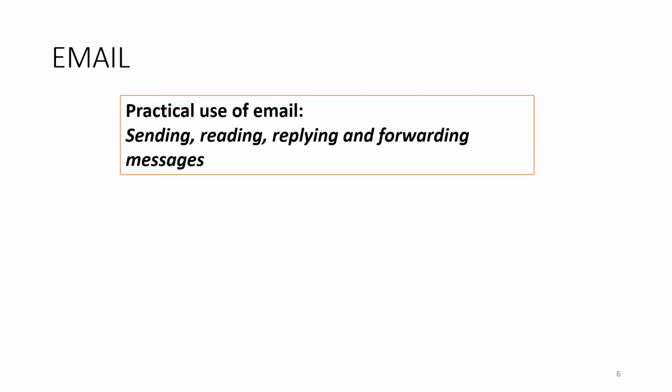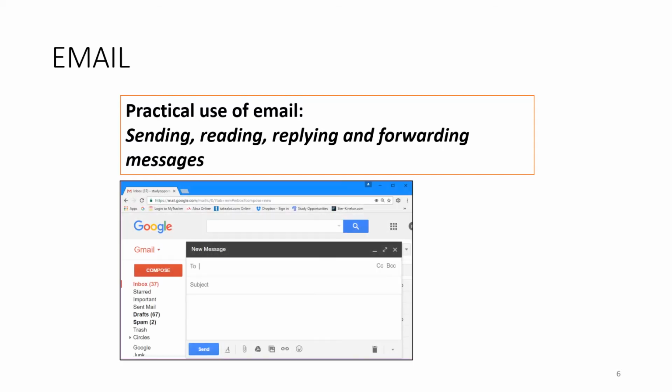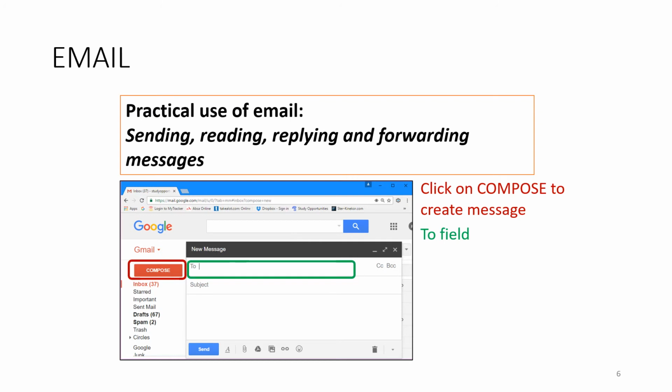So using email practically, you would compose, and compose means to create a new message. There's the to field, that's the person it's addressed to. The CC is when you want to copy the email to somebody else, and BCC stands for blind copy, meaning that you're sending them a copy, but the person to whom the email is addressed can't see that you've also copied the email to someone else.